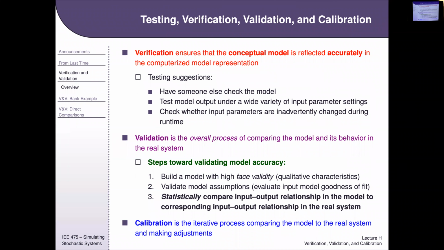And so what we're going to be talking about in this section is how do we use statistics to rigorously compare the input and output relationship in the model to the input-output relationship in the real system. That's kind of the biggest thing that we do here. I'm going to show you tips as well about how to better debug your ARENA models and things like that.